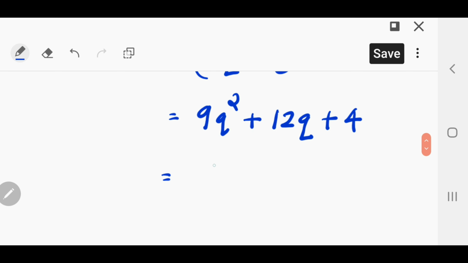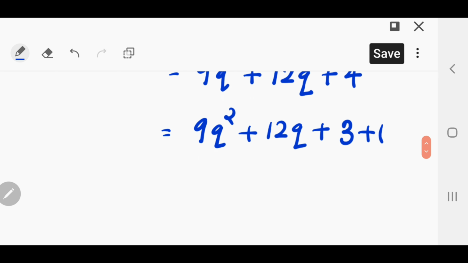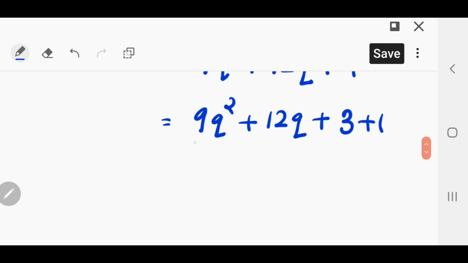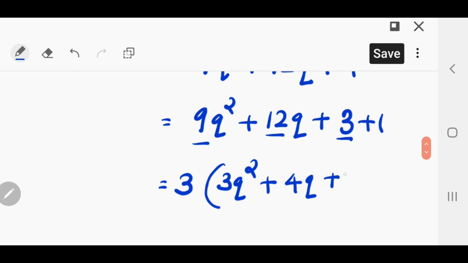Now here I will rewrite this as 9q square plus 12q plus, just split up this 4 as 3 plus 1. Now we can see 3 is common in these terms. So just take out 3 from all these 3. So here it will be 3q square plus 4q plus 1 plus this 1.